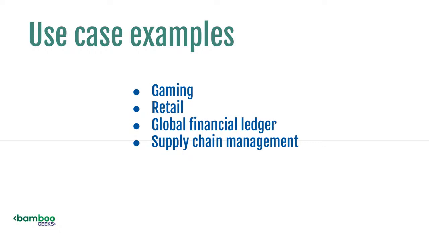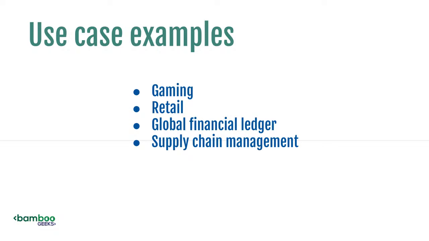Some use case examples can include gaming, so mostly gaming applications or gaming services. They are using Cloud Spanner in the background for its global scalability and for its high availability, because gaming requires high availability and no downtime.